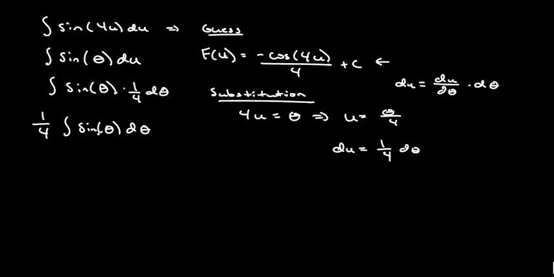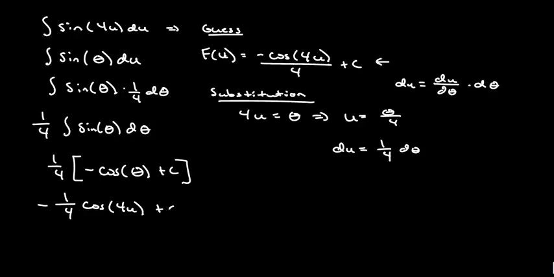Now this guy is pretty easy to find. We know that to go backward from sine, that goes to cosine. So what we have is 1/4 goes back to negative cosine theta plus our constant. So we went backward now. But theta is 4u, so this is 1/4 negative cosine 4u plus c.